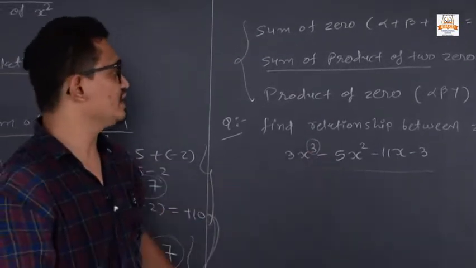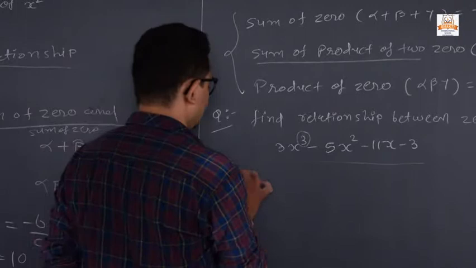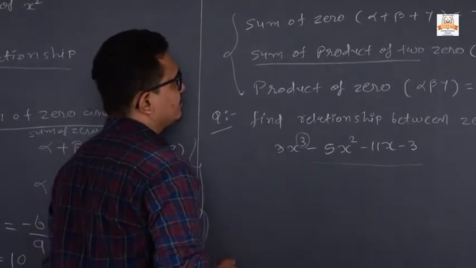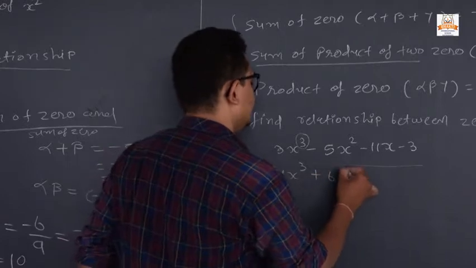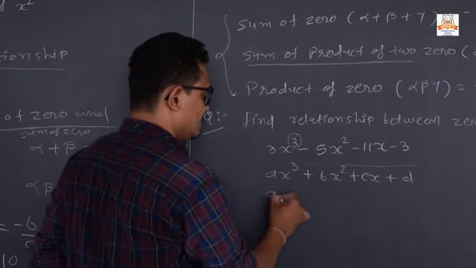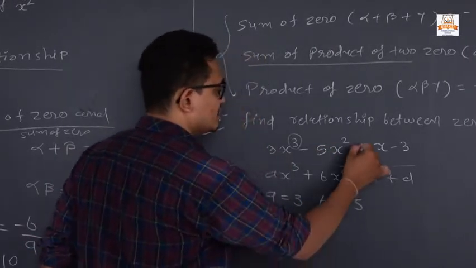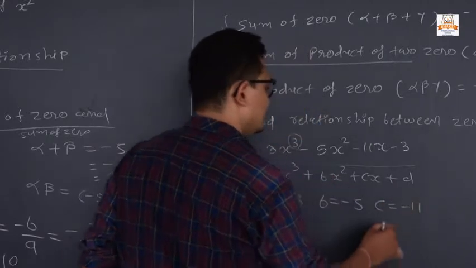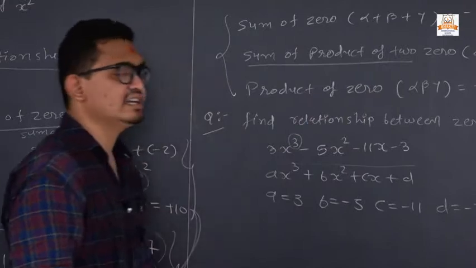So if it is cubic, we use these 3 formulas. First of all we compare with our standard form. What is the value of A? It is 3. What is the value of B? It is minus 5. What is the value of C? It will be minus 11. And what is the value of D? It will be minus 3.